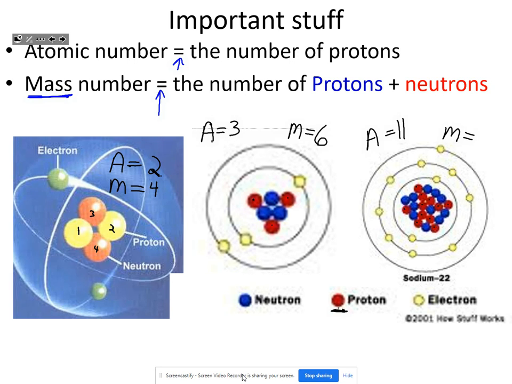Mass number is 22, because there are 11 protons and 11 neutrons. We add those together. They're not always double. We can figure that out. We'll see that later. Okay.